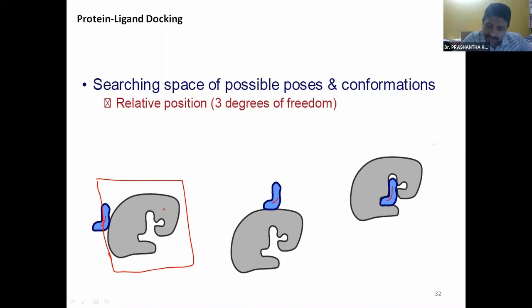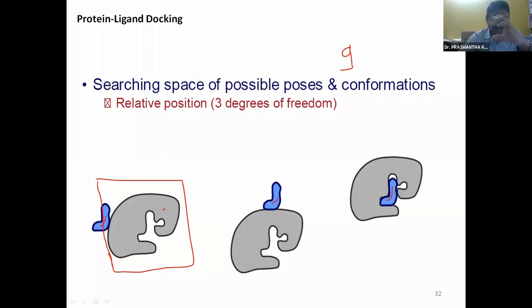Now, how many such conformations is it going to generate? AutoDock is going to generate 9 such conformations. For each ligand and protein, the ligand is going to interact with that protein 9 times. Okay, it's a prediction that we are doing.